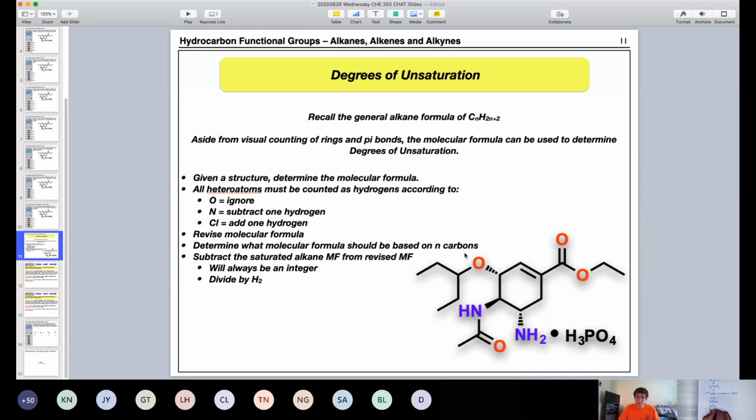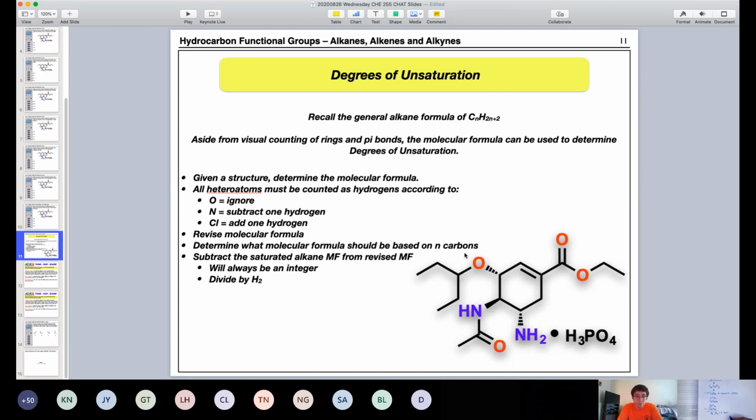So what we're going to do is take C16H26 that we determined right here and just subtract them. Those cancel out. We're left with H8. A degree of unsaturation is defined as 1 molecule of H2. So I'm going to take H8, divide that by H2. 8 divided by 2 equals 4.